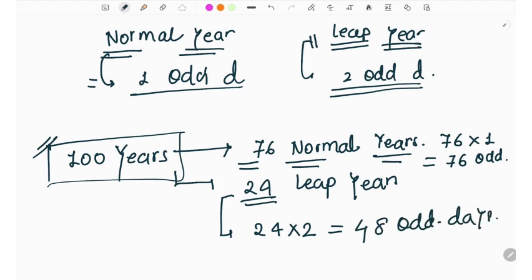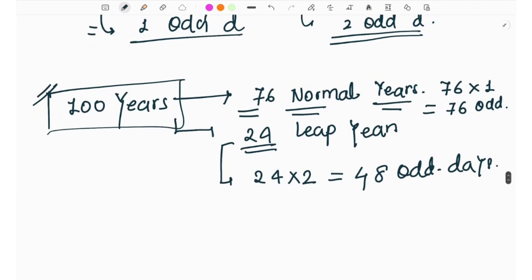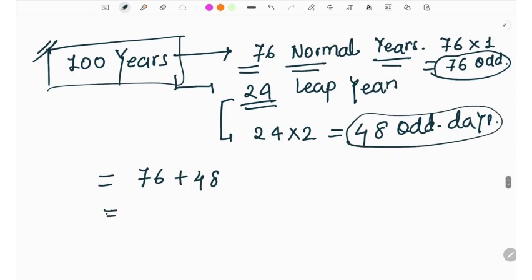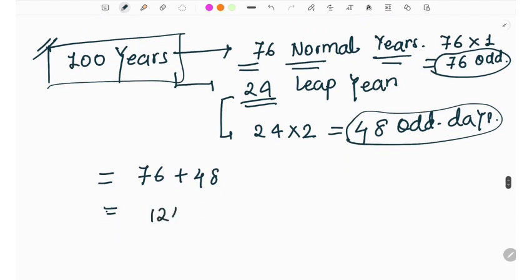So if I have to find how many odd days there are in 100 years, how will I find it, student? 76 odd days for normal years plus 48 odd days for the leap years. Just simply add it. After addition, I will get 124. Now, are these 124 the total number of odd days?